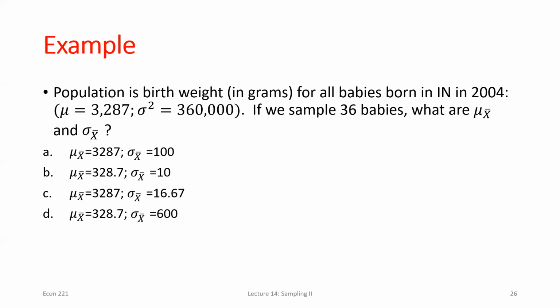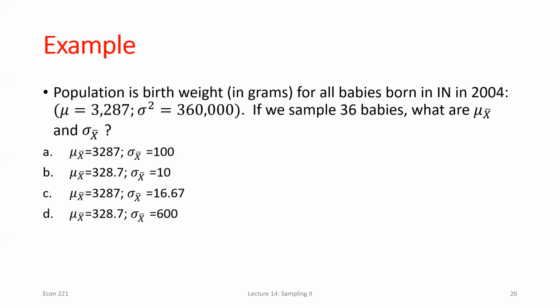So I've got this normally distributed variable, birth weight, one of these biological metrics that happen to be pretty normally distributed. And I've got this variance of 360,000.